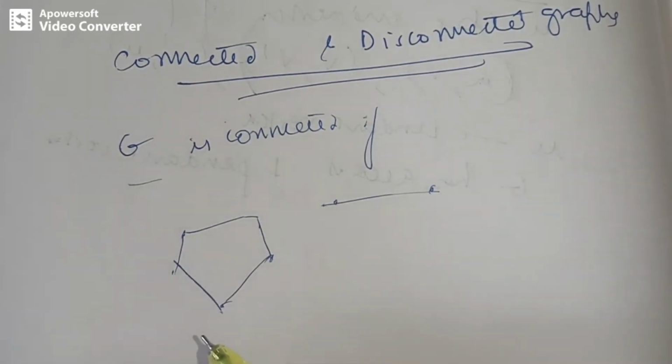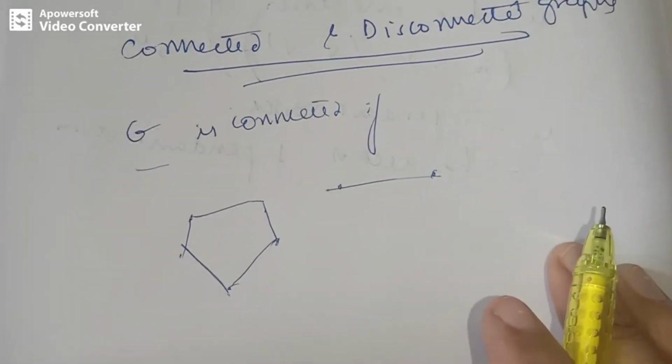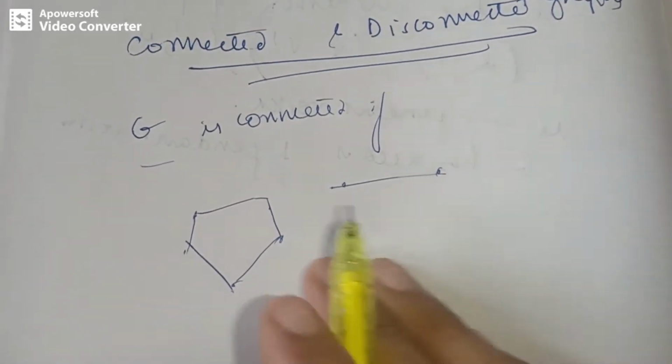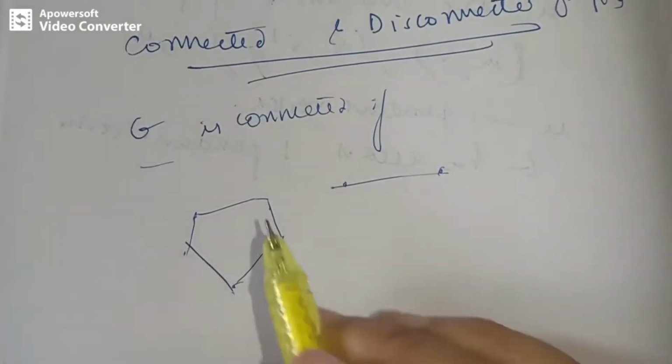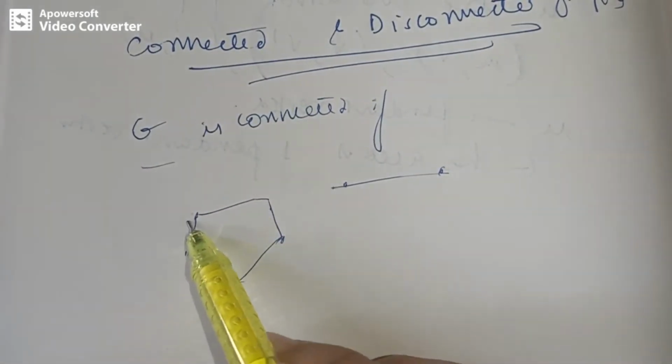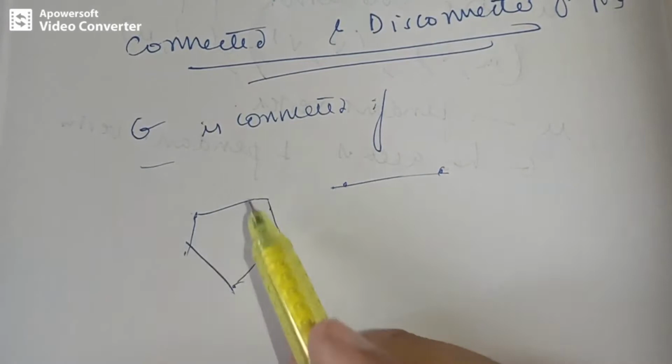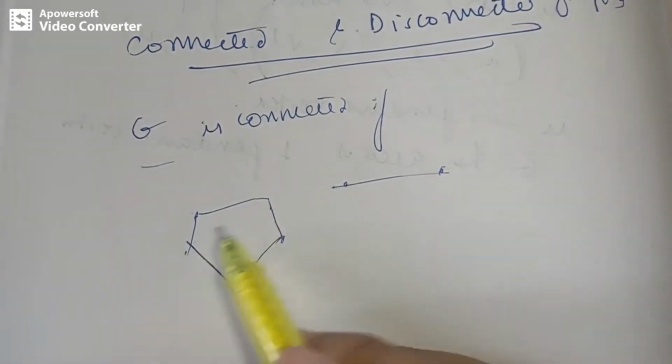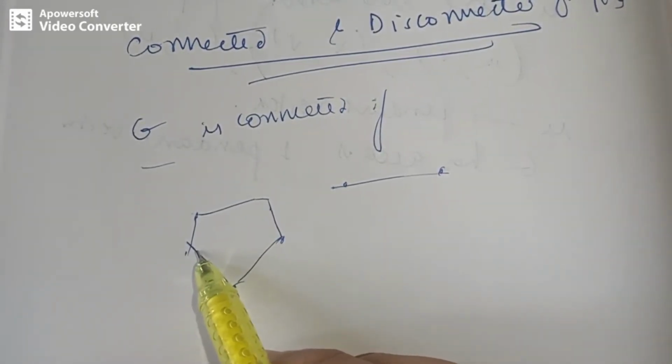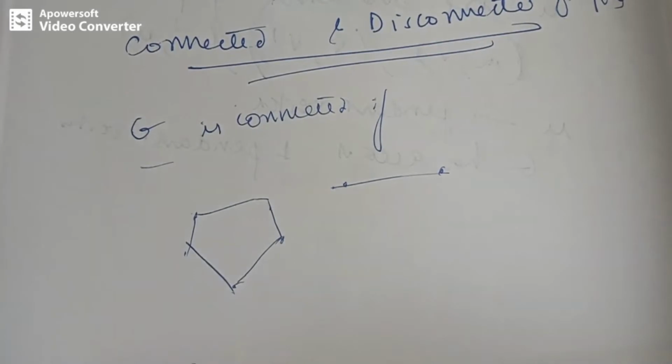Basically, we know that there are certain conditions for a connected graph. There must exist at least one path between every two distinct vertices. Then we can say it is a connected graph.